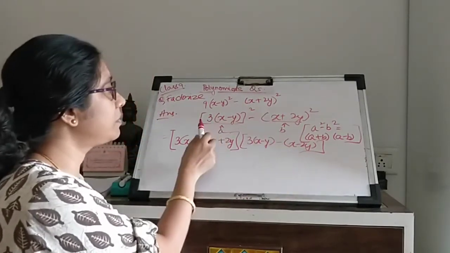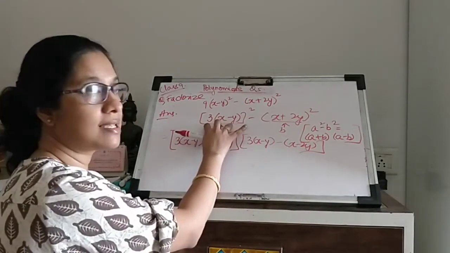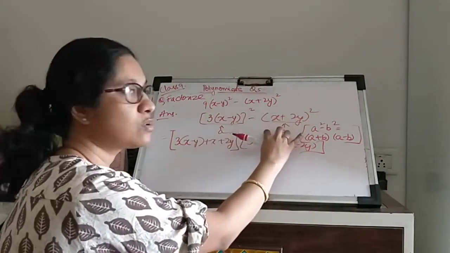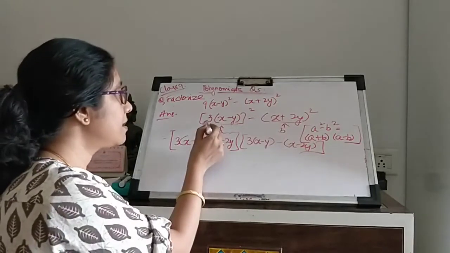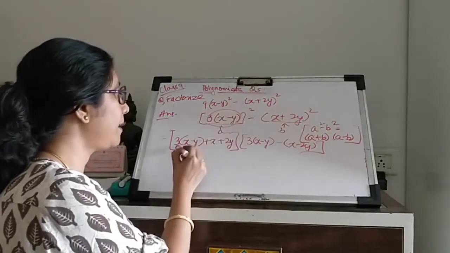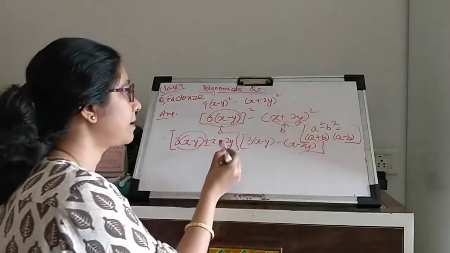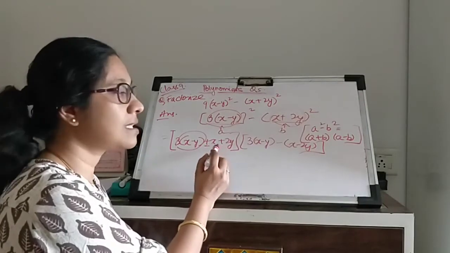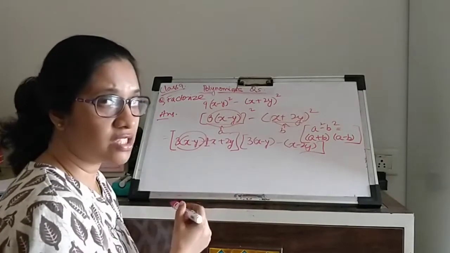For example, what we are doing here is, this whole thing, 3x minus y, is a, and x plus 2y is b. So what we need to do is, this whole is a plus this whole is b. You see, I have not put any bracket here because in this case it is a plus sign, and in a plus sign nothing changes.